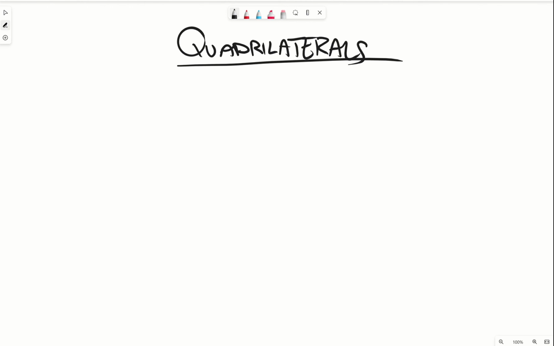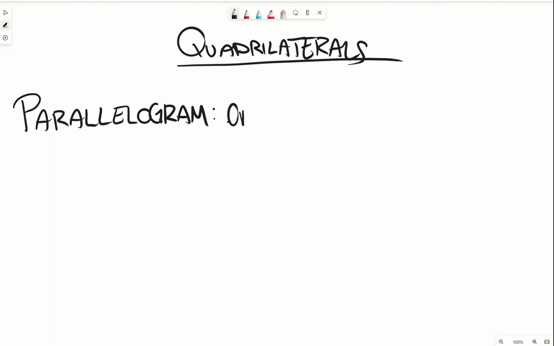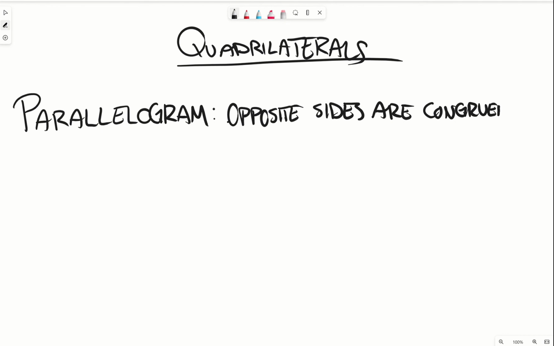First off, we have a parallelogram. And a parallelogram has opposite sides that are congruent and opposite angles that are congruent.